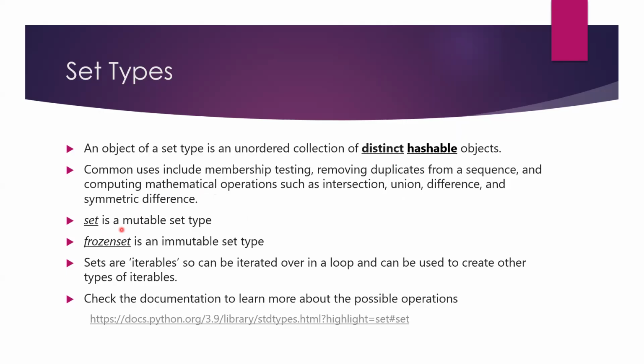But the set itself is mutable. So if you want a set to be inside a set, you have to turn it into an immutable version of the set, and that is the frozen set type. Both of them are iterables, so we can loop over them just like we looped over the sequences that we've been working with.